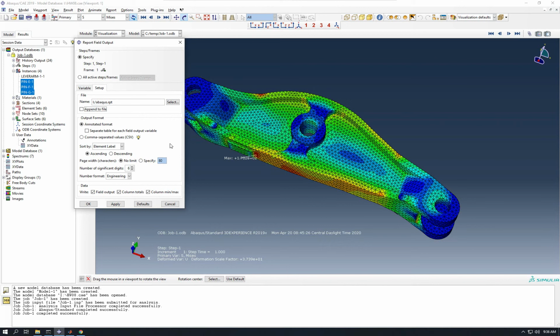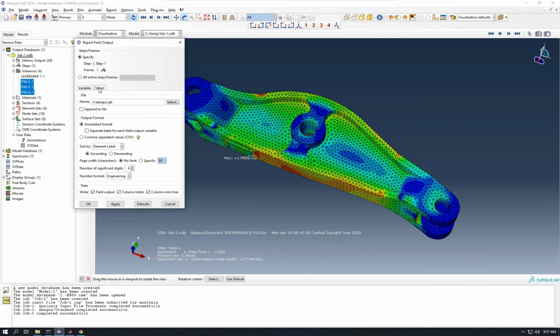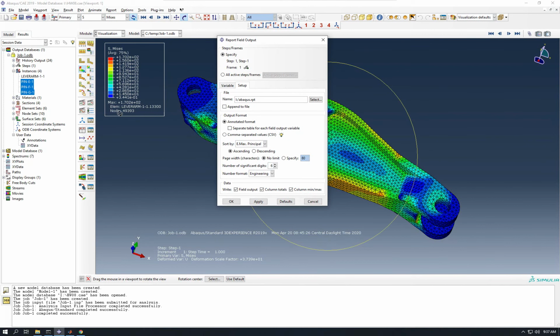And here, let's see. Oh, in the previous one, I had to change this to unique nodal. We want these strains on nodes. Again, in the setup, I'm gonna sort them by their max principal strain, and we're gonna search for this node.